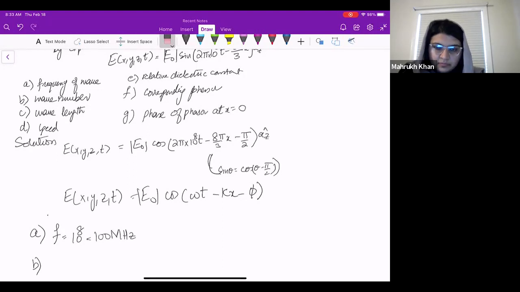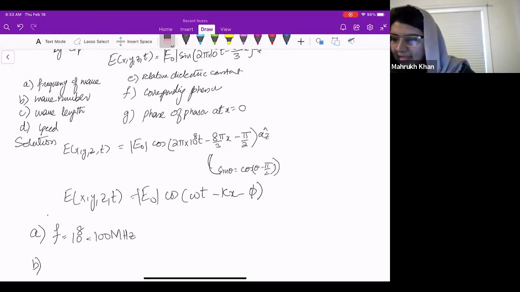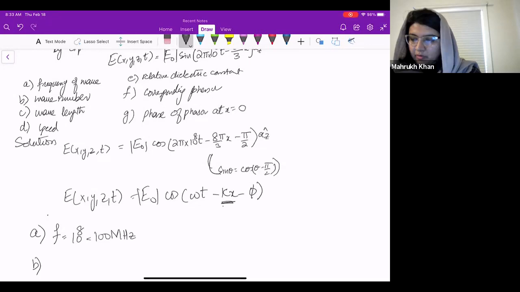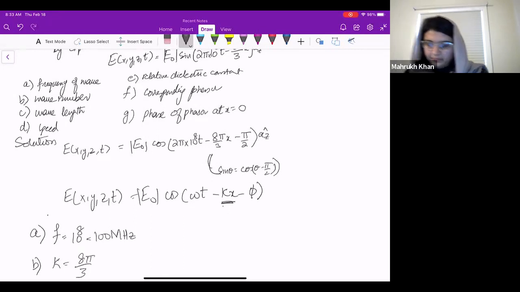Yes. So it's the whole thing. K is 8 pi by 3. Okay? That's the whole thing. Yes, because it's kx, right? Okay. So K is our wave number. So we will do K is equal to 8 pi by 3.